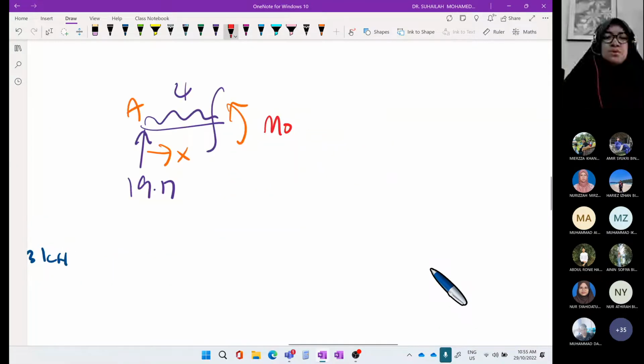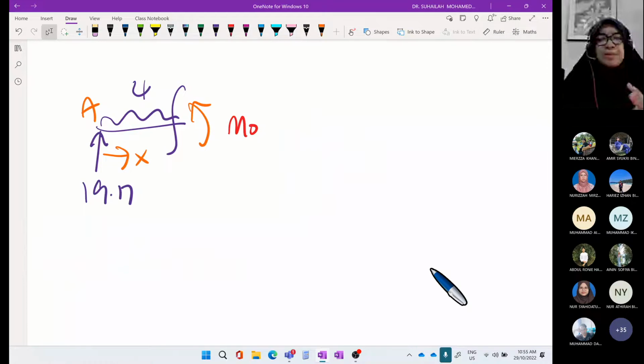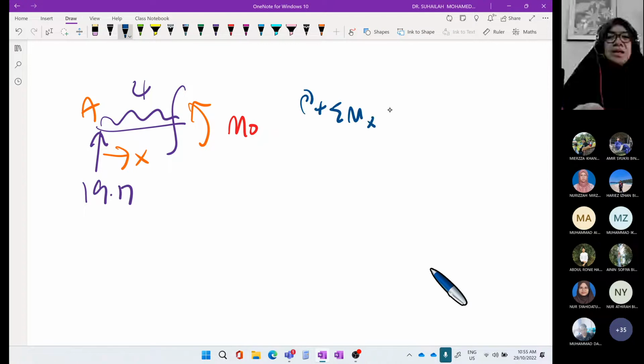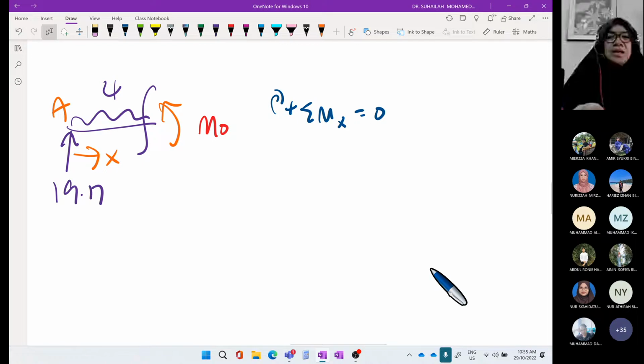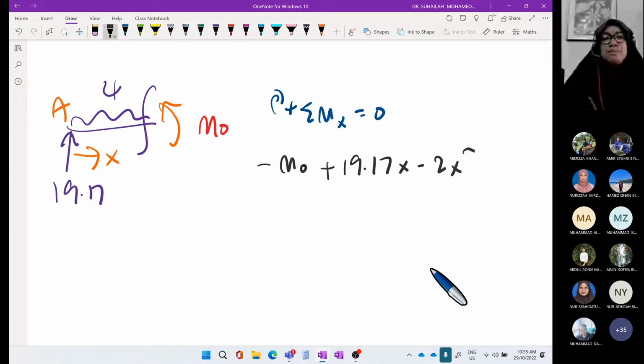Okay. So the moment equation for this one, by taking moment at the cutting point, total moment at the cutting point is equal to 0. So it is negative M naught plus 19.17x minus 2x square. Betul ke salah ni?